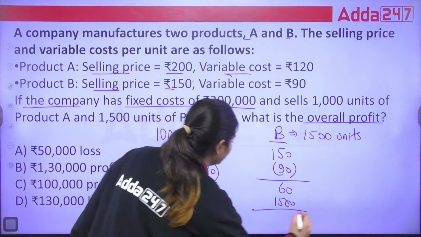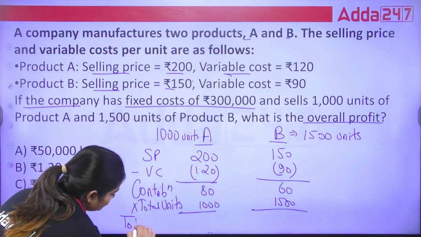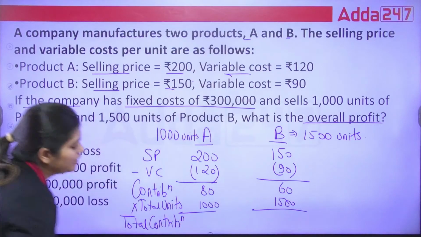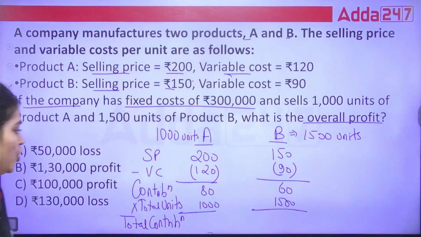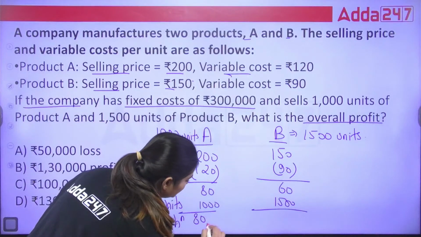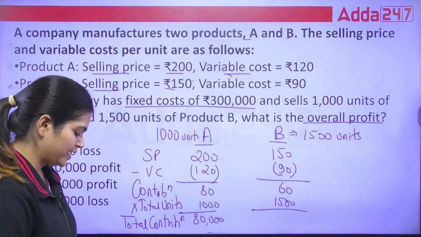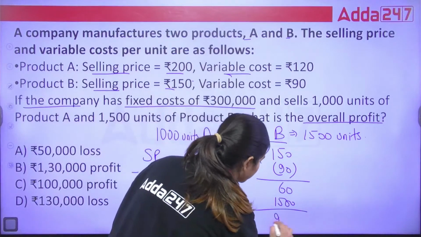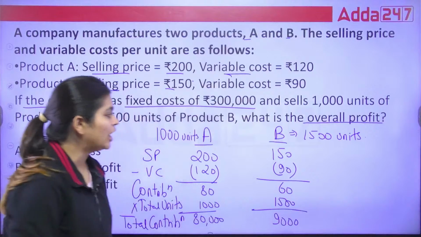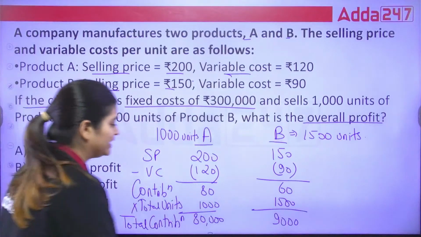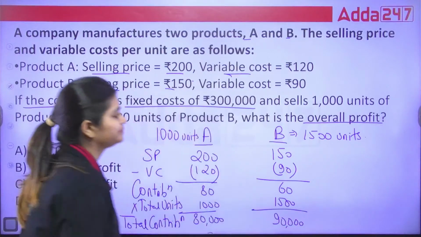So what is your total contribution? For A, your total contribution will be 80 into 1000, that is 80,000. For B, 60 into 1500, that is 90,000.